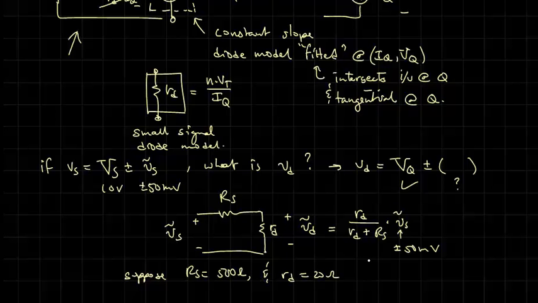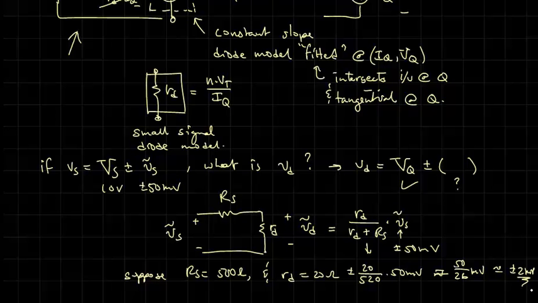Then we'd have 20 over 20 plus 500, or 520, times 50 millivolts, which would be approximately 1/26th, so 50 over 26 millivolts, approximately plus or minus 2 millivolts.